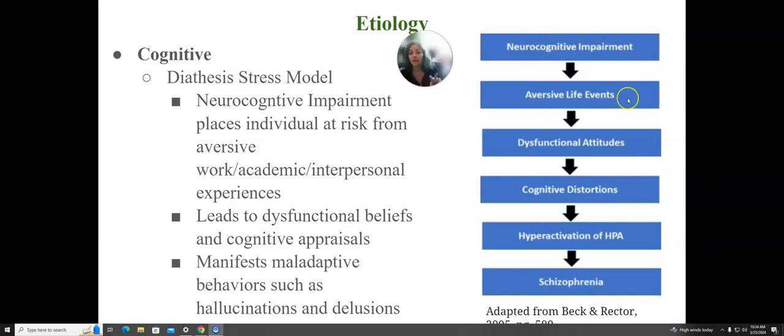Then we have these negative life events that are very stressful. It creates these dysfunctional attitudes, not just the internal environment we just talked about, but also now these negative ways of interpreting the world and cognitively understanding the world, which might hyperactivate that HPA axis and then activate a schizophrenia diagnosis and the symptoms.